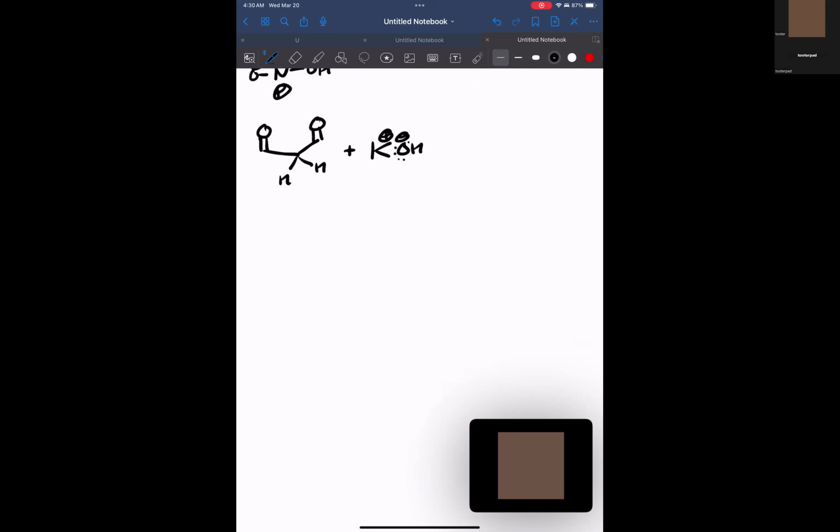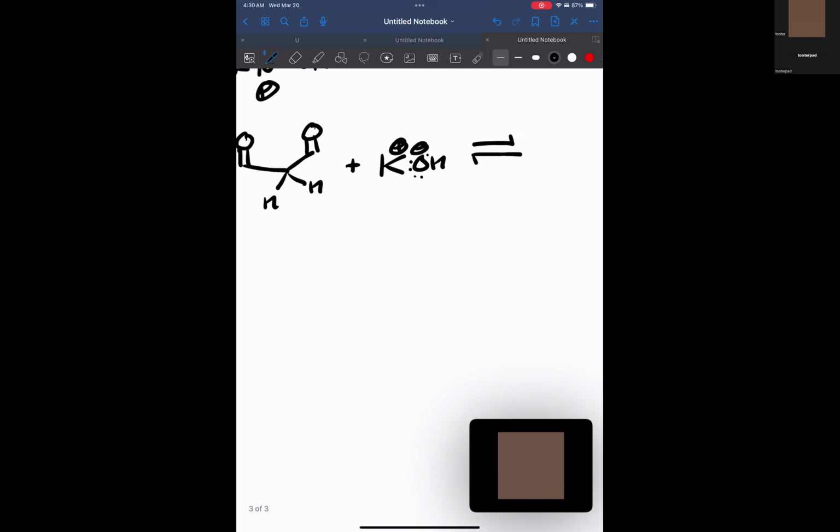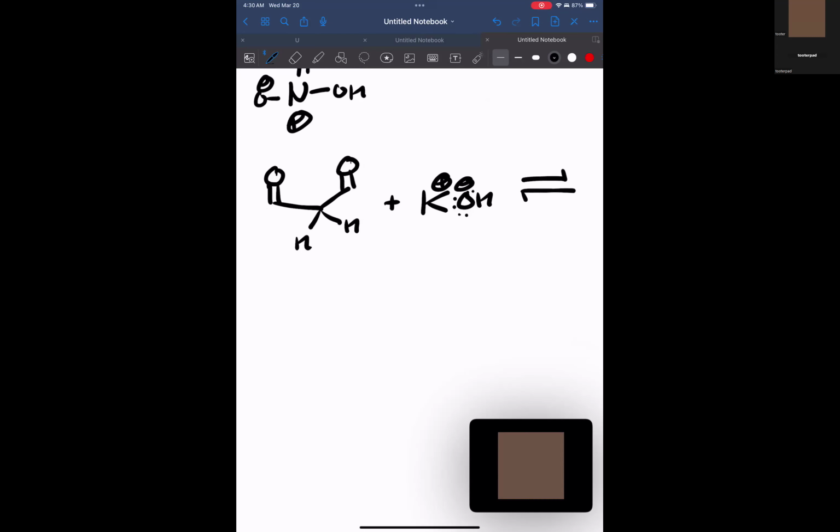All right. So in this instance, we can see that there is an induction effect right here, and right here as well.